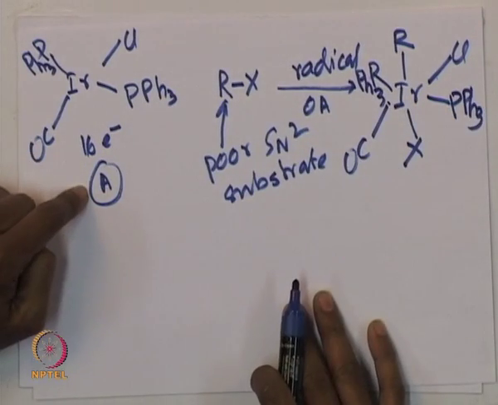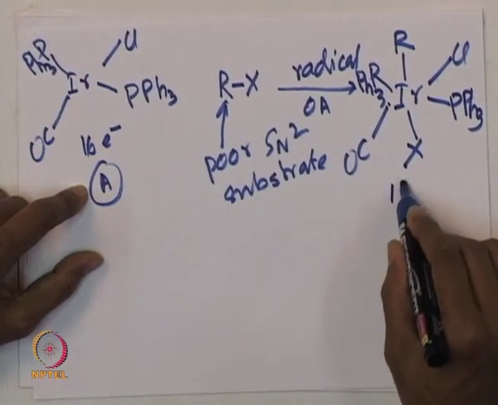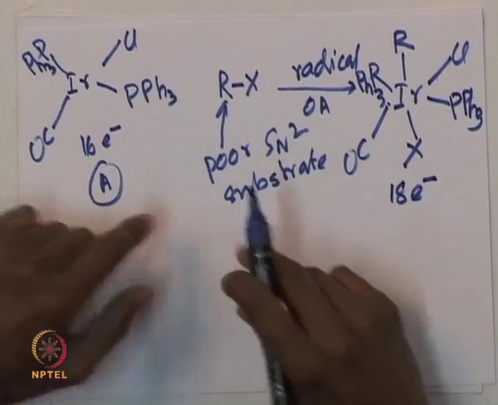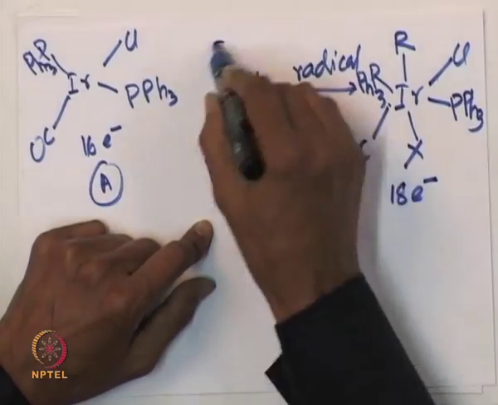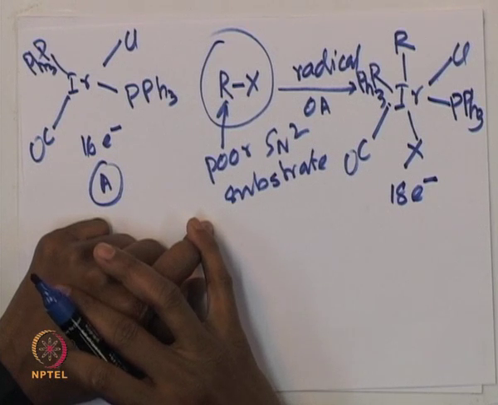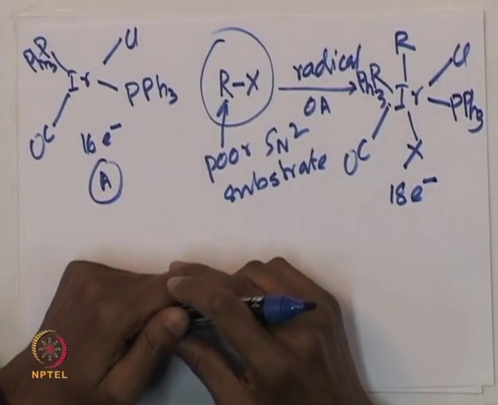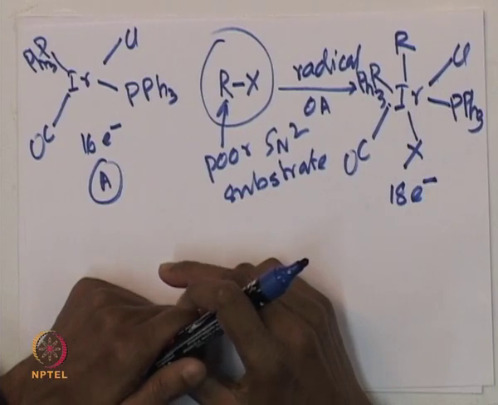So, a 16 electron species is undergoing oxidative addition overall to give you an 18 electron species, but in this case particularly we are emphasizing that the RX is not one where SN2 reaction will be easily done. Can this reaction go? Of course, it can go. A 16 electron species can undergo an oxidative addition via a radical mechanism, but it will not be a straightforward one.